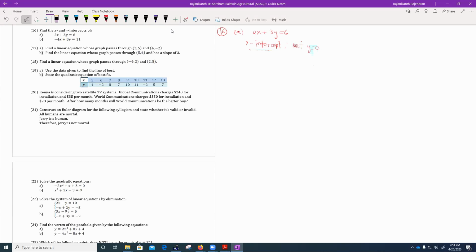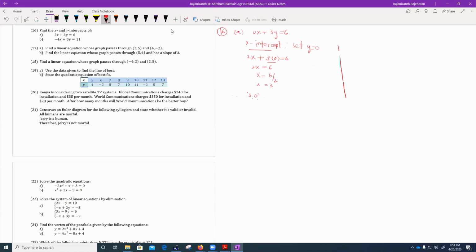So you get 2x plus 3 times 0 is 6, and this is 0, so 2x is 6, and therefore x is 6 over 2, that is 3. Therefore the x-intercept is (3, 0), written in coordinate form.